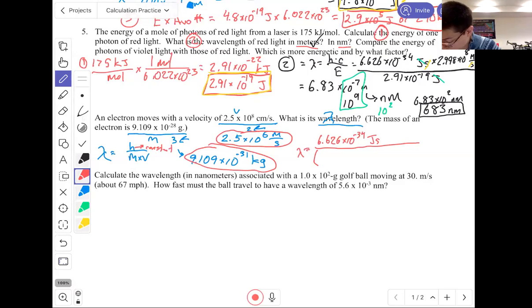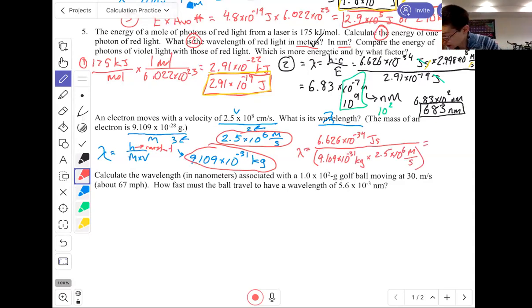So I'm going to open a parentheses and put my 9.109 times 10 to the negative 31st kilograms times my velocity, 2.5 times 10 to the 6 meters per second, and put all that in there.